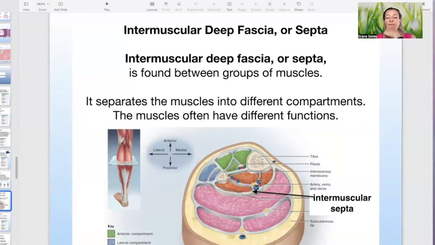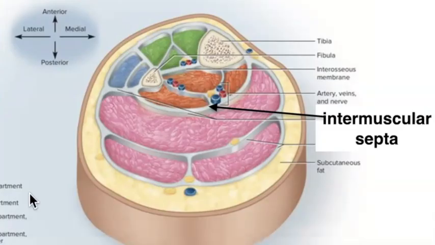So if we look down at this picture, there's different compartments colored in green and blue and orange and pink. And notice that in the pink compartment, there is fascia separating the two muscles in the back from the underlying muscle, deep to the more superficial muscle.